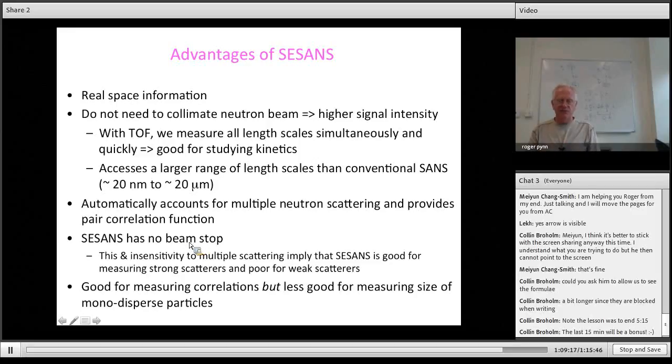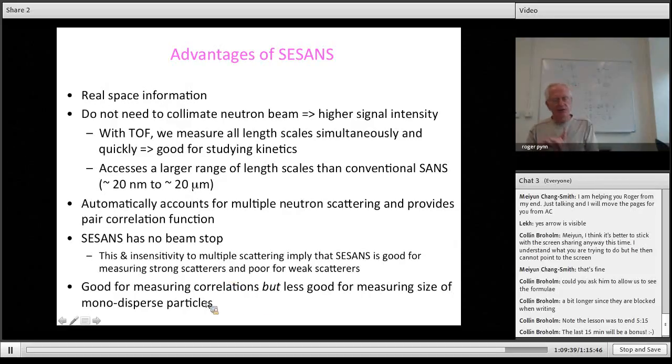Another advantage is that there's no beam stop in the SESANS experiment. You're measuring the main beam and the scattered beam at the same time, so you don't have some part of reciprocal space or real space that is hidden from you, which you do in a normal SANS measurement.